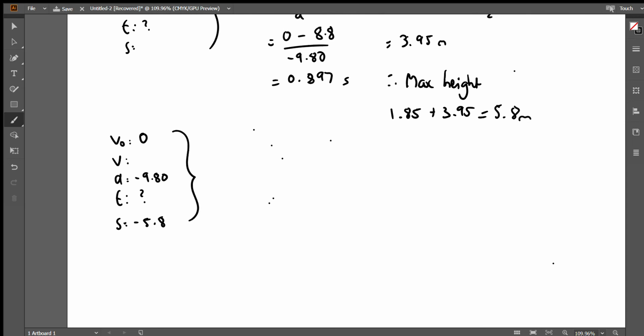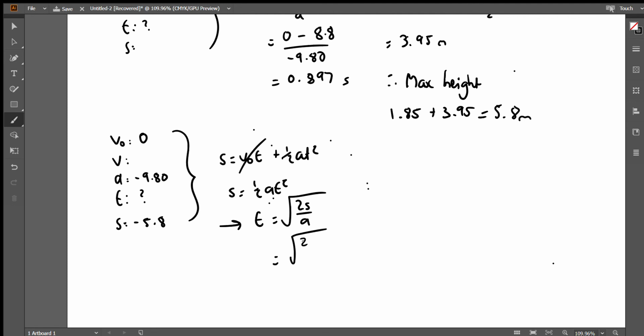So now we just need to use a formula which has s, a, t, and v naught in it. So s equals v naught t plus half a t squared. This one is quadratic, but happily the v naught just disappears, so this will become s equals half a t squared, which means that time will be 2s on a all square rooted.